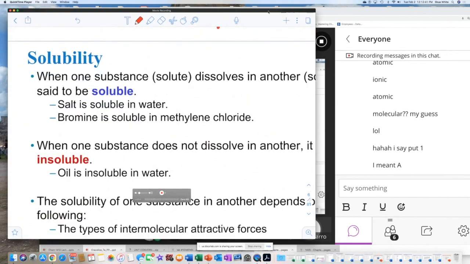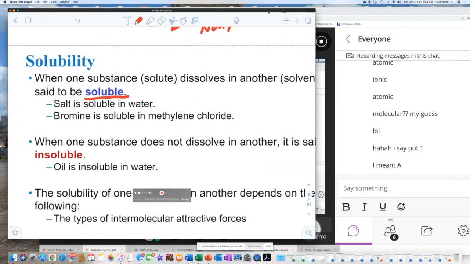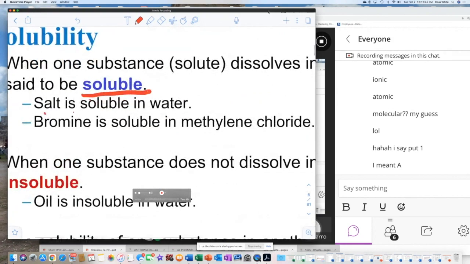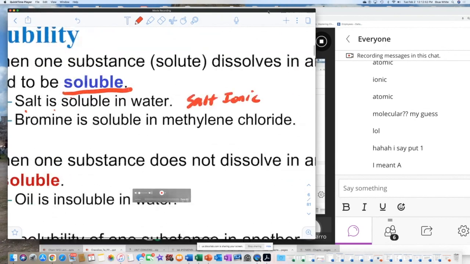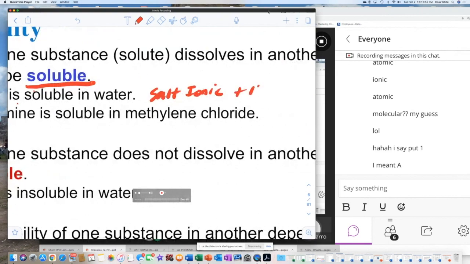Okay, so when one substance dissolves in another, it's said to be soluble. Like we saw right here, salt is soluble in water. Remember we said salt is ionic and water is polar.